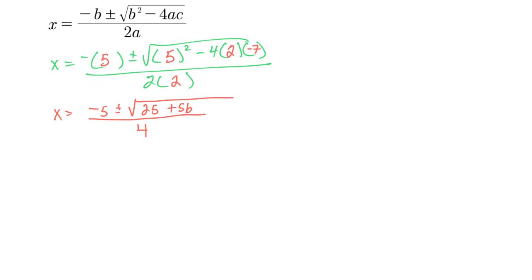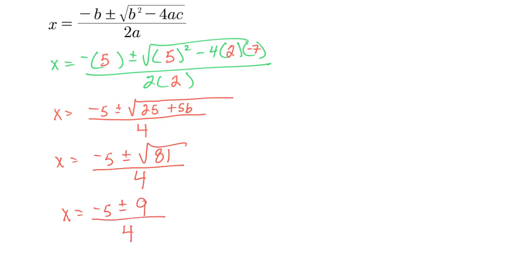Okay, feeling fairly good there. So x is equal to minus 5 plus or minus the square root of, I think that's 81. Nice. So if that's 81, I can simplify that further because the square root of 81 is just 9 over 4. So let's write out both those answers.